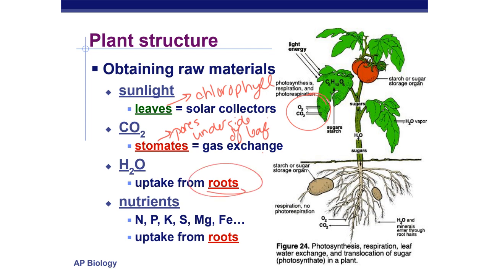The plant's going to take up water from the soil using the roots, and that water will get transported through the roots, up the shoots, all the way up to the leaf, where it can get used in the leaf there. And then most of any other nutrients that the plants need to make, again, the proteins, the nucleic acids, the lipids, that's all going to come from the roots as well. Our focus right now, though, is making the carbohydrate.